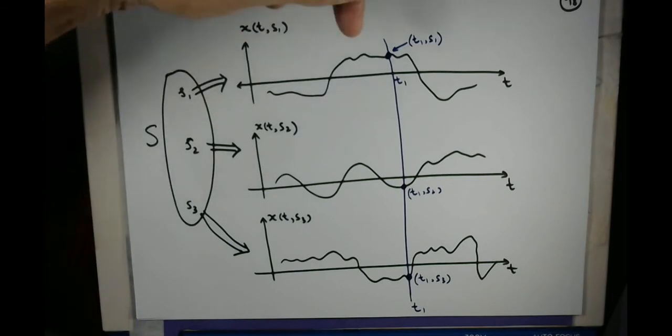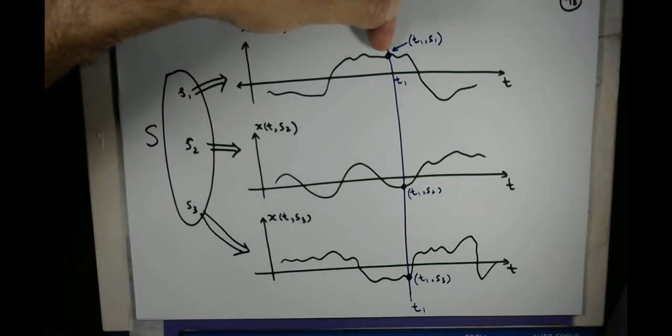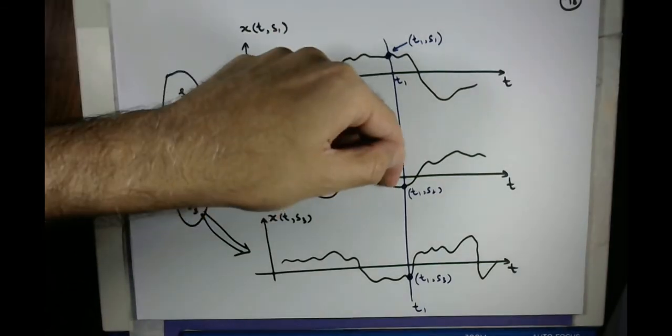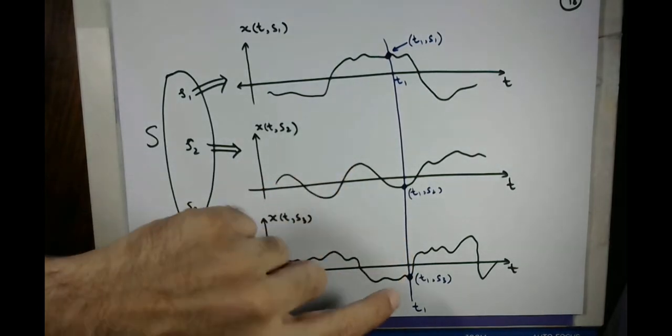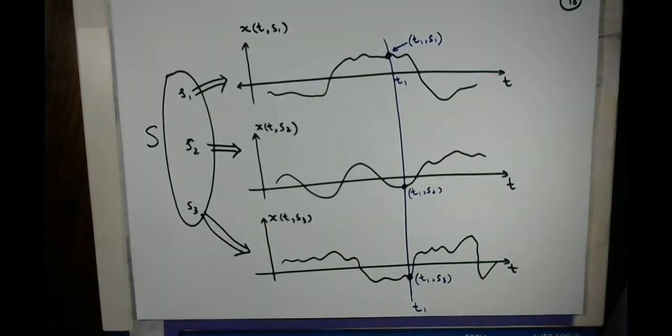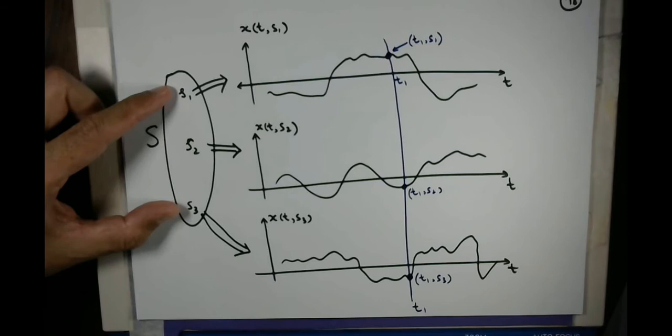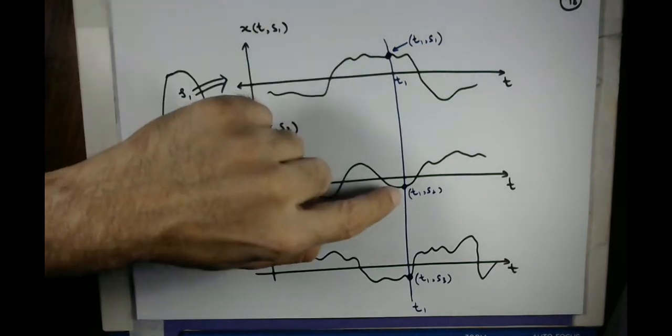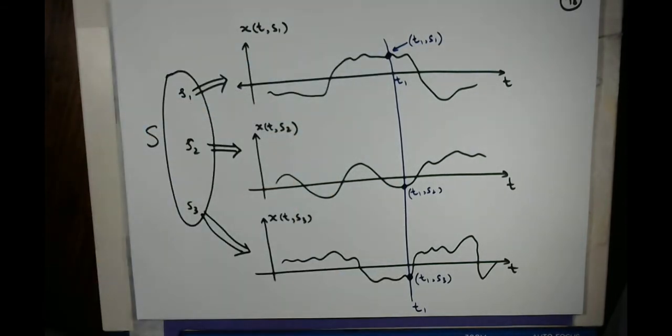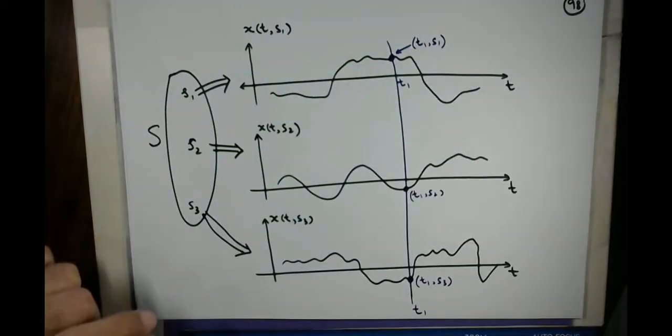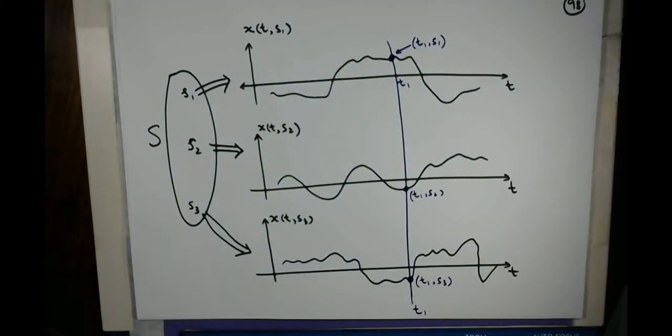So you get some s from here, another s from here, another small s from here. So you get three values, and the sample space also has three values. So this is now one random variable that is extracted from this stochastic process. These may be three different values.